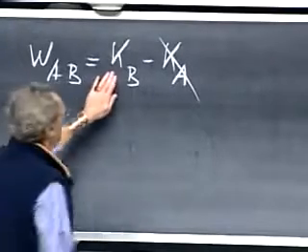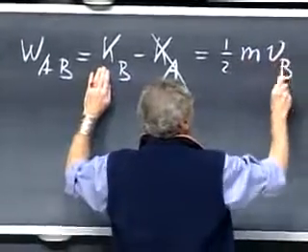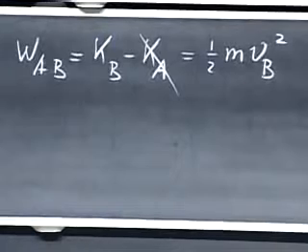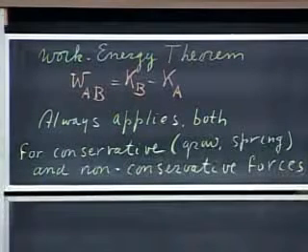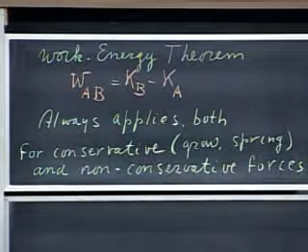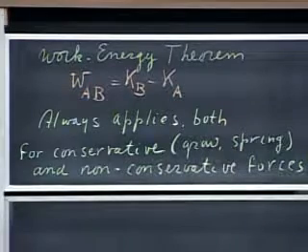And so the kinetic energy at B is clearly 1/2 m vB squared. So it comes down now to applying the work energy theorem and calculating how much work was done by all the forces at stake, conservative and non-conservative, makes no difference, and that put it equal to 1/2 m vB squared.